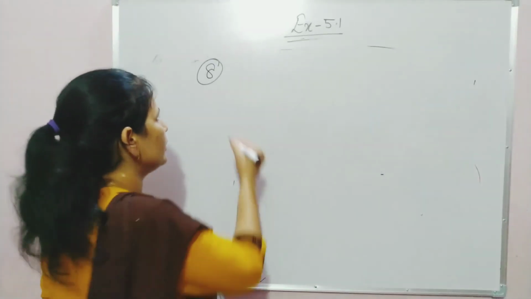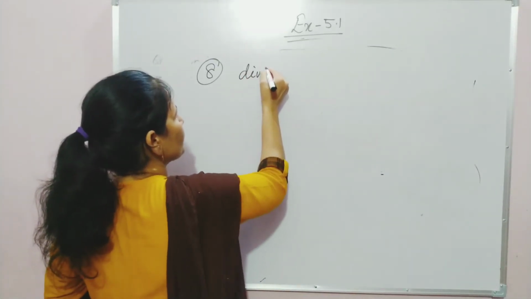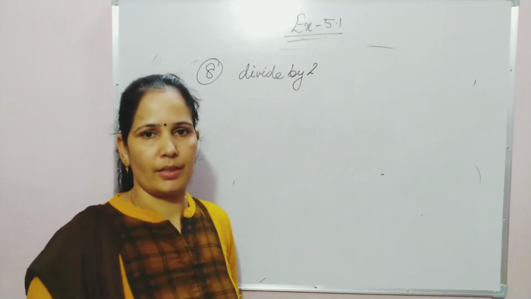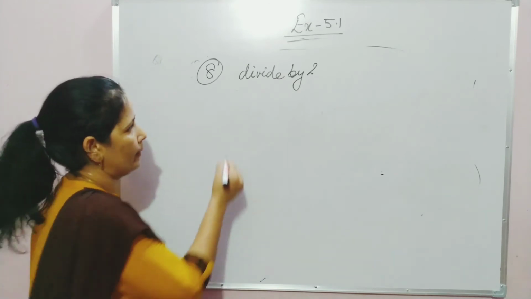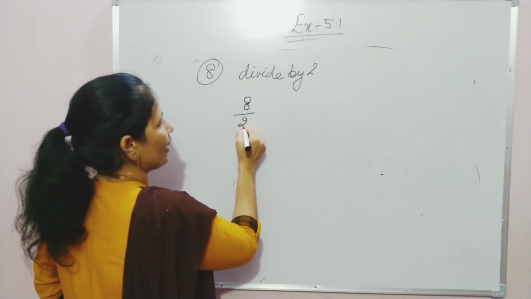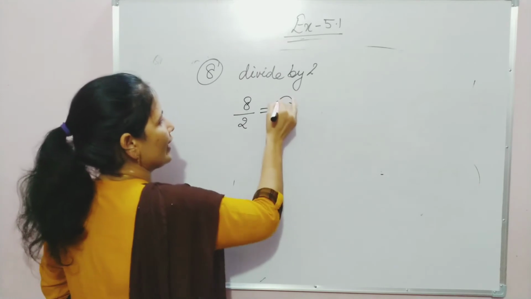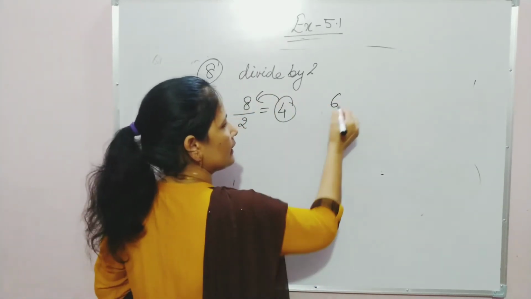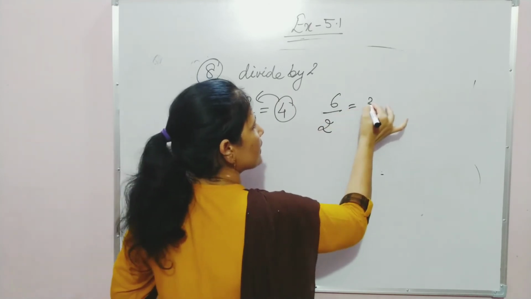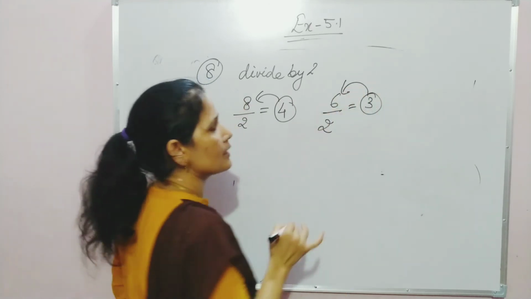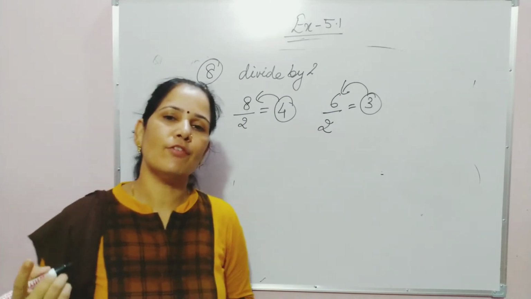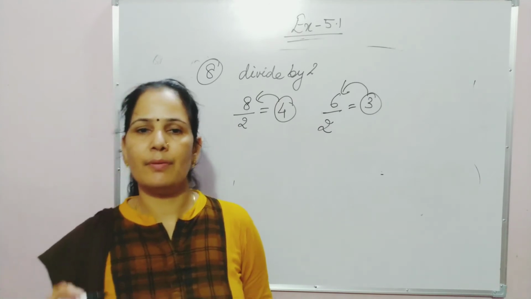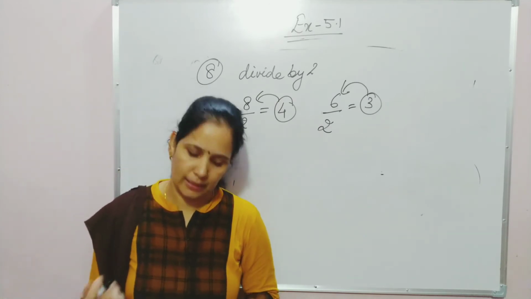If any number is divided by 2, we get half of that number. How? Let's take a few examples. 8 divided by 2 is 4. 4 is half of 8. Another one, 6. 6 divided by 2, we get the answer 3, and 3 is half of 6. So if you want half of any number, divide the given number by 2, and when we divide by 2, we get half of that number.